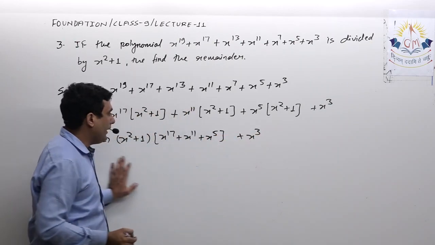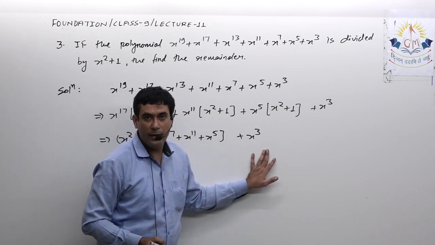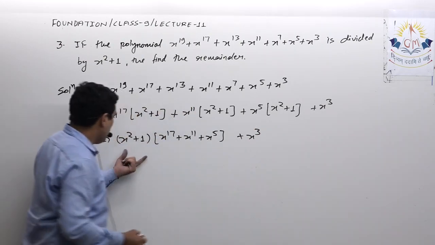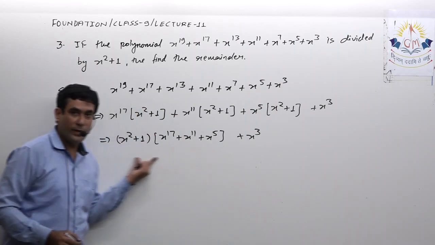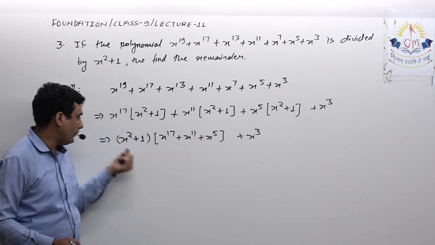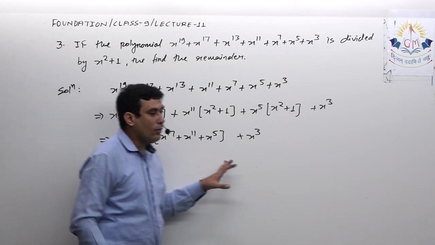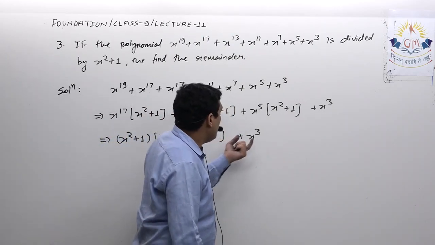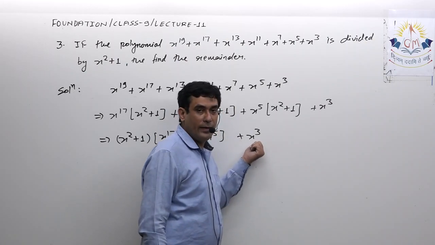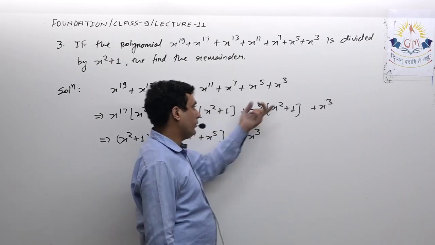Now I have to divide this complete expression by x square plus 1. So this first term is exactly divisible by x square plus 1 because it is a multiple of x square plus 1, isn't it? So now we only have to concentrate on what the remainder will be if I divide x cube by x square plus 1.